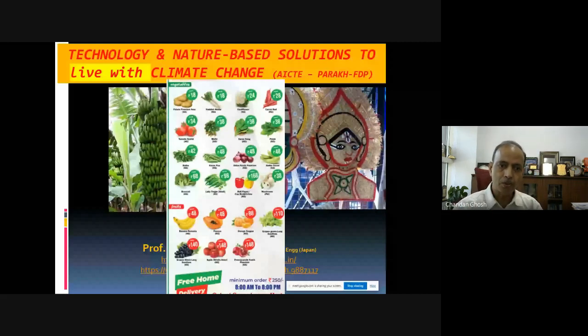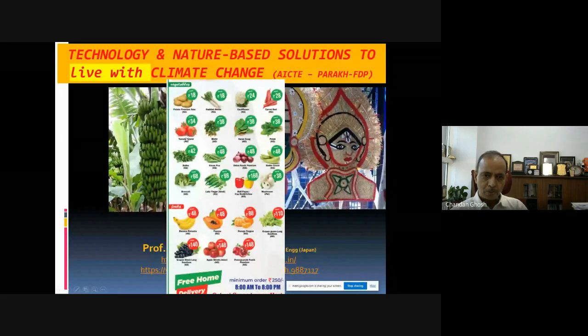So here is the thing, like tomato. If you harvest tomato in a place 300 kilometers, 500 kilometers away, like the state of Bihar, which used to supply most of the vegetables over here, to bring this tomato, package it and bring it here, do you think that is possible?